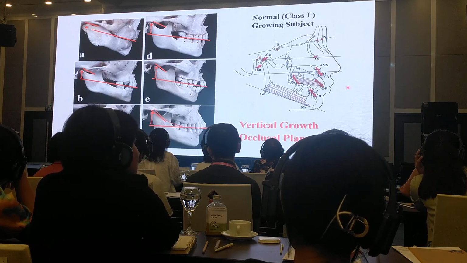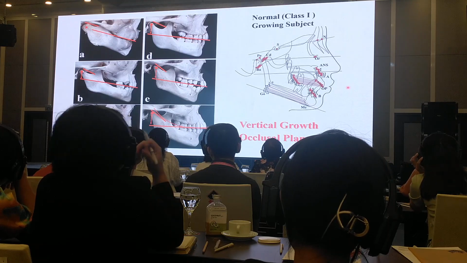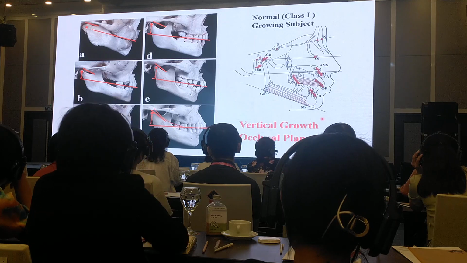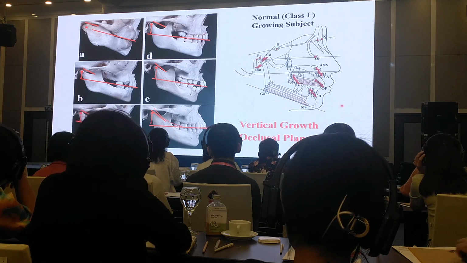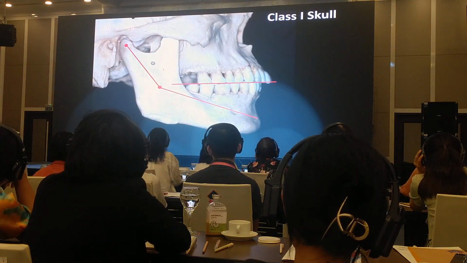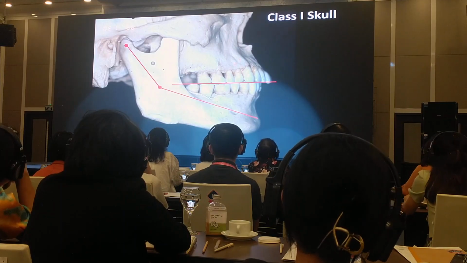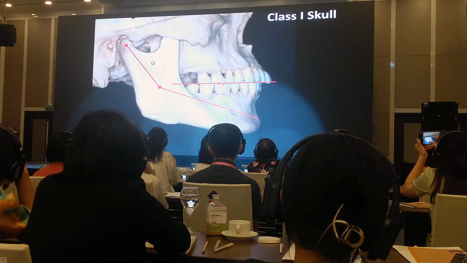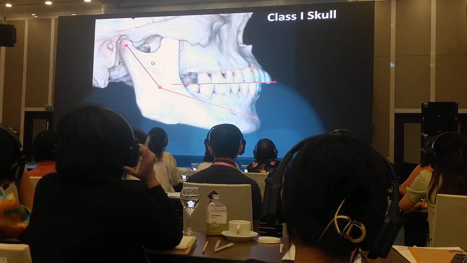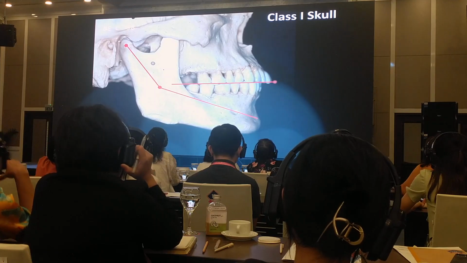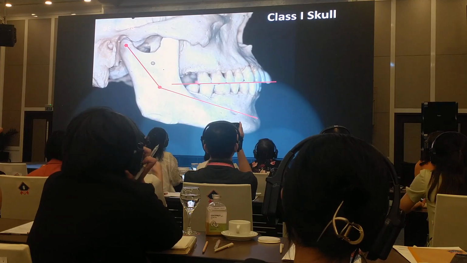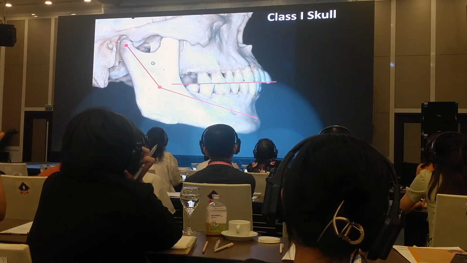Therefore, in such a severe overloading situation, posterior support is very, very important. If you see this kind of class 1 skull, class 1 occlusion, the occlusal plane is pretty flat, and the average position of the occlusal plane goes through the side point here.